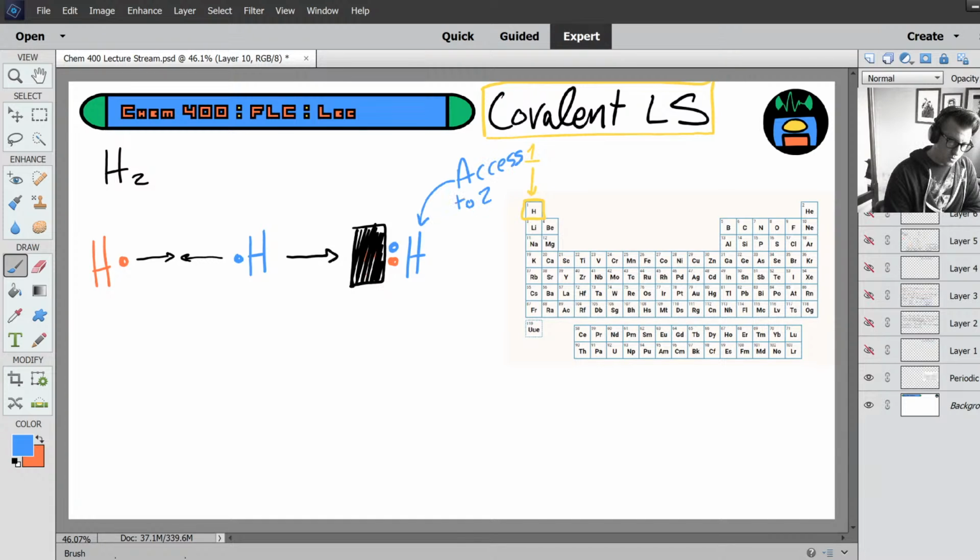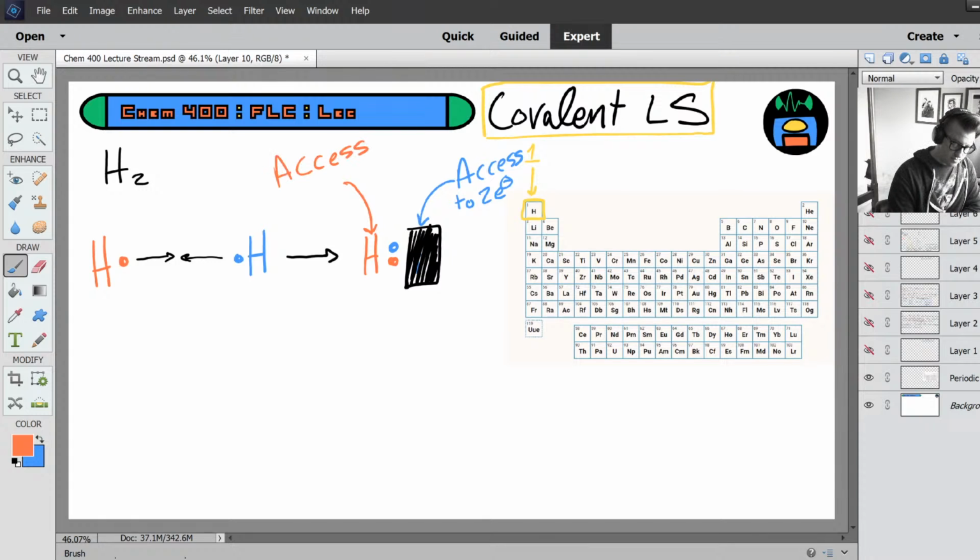If you completely black out the blue hydrogen and look exclusively at the red one, the red one also has access to two electrons.